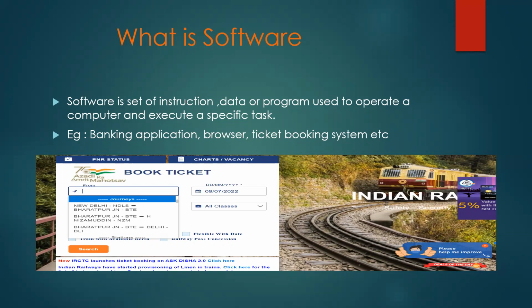When the government or any user wants to create a ticket booking system, they will write a set of instructions: how the fare will be calculated, how the screens will look to the user, what input we will take from the user, how the seats will be allocated, and all the rules, senior citizen concession, and all other things needed to book a ticket.